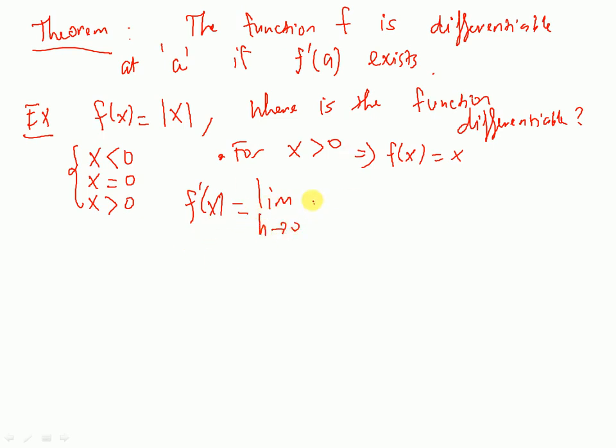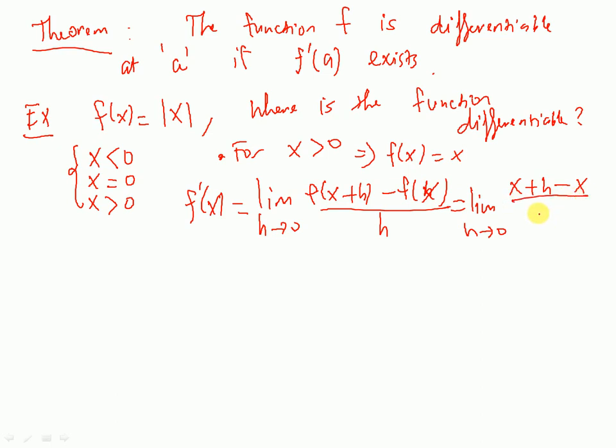The limit as h goes to 0 of f of x plus h minus f of x over h. Because x is bigger than 0, f of x plus h is just x plus h, so we wrap this whole thing and plug it into x. Subtract f of x, which we already have, over h.